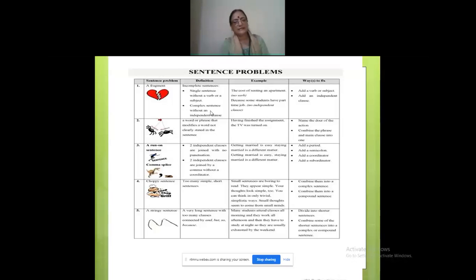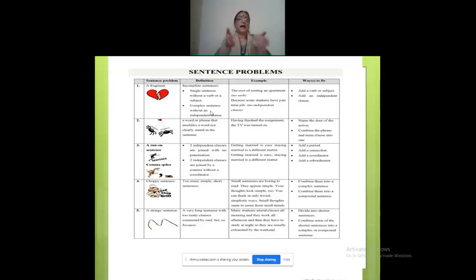The second example can be a word, or like we have already done this, misplaced modifiers. A word or phrase. All these things your autocorrect may not check. Your misplaced modifiers, autocorrect cannot check because it can check the grammar. It cannot check the logic.